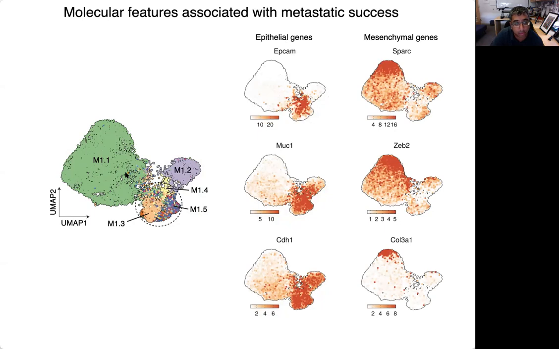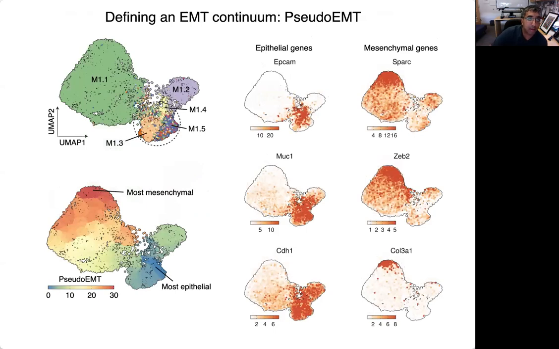And this is consistent with some sort of epithelial to mesenchymal transition being related to this transition to metastatic success. But obviously this is not a binary process. This is a continuous process, and we can in fact see signs of that continuity in the data, right?